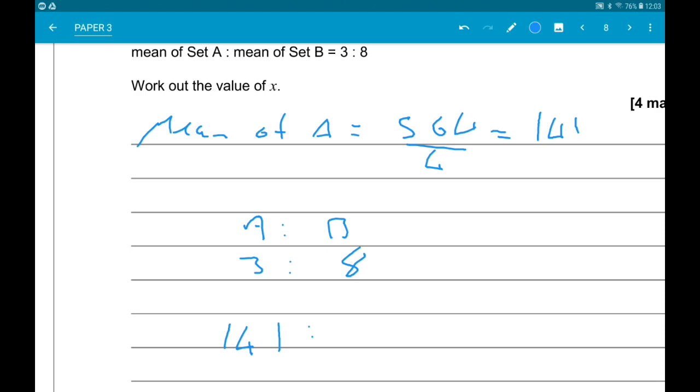So 141 divided by 3 gives us 47. So we multiply the original ratio by 47 to get the actual means. Now that gives us the mean for B as 376.